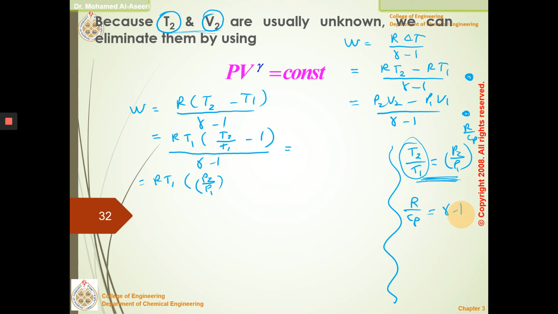Well, I can prove it for you if you want. Let me prove it so things become easier. R over Cp means Cp minus Cv over Cp. I just replace R with Cp minus Cv, and here I put Cp as denominator. So Cp over Cp is 1, minus Cv over Cp.